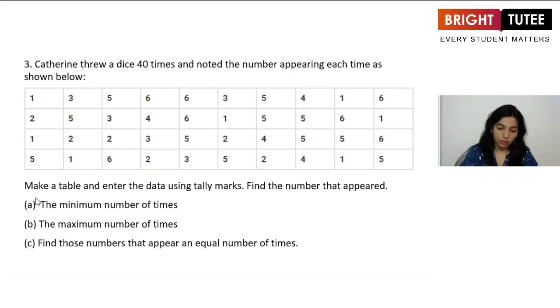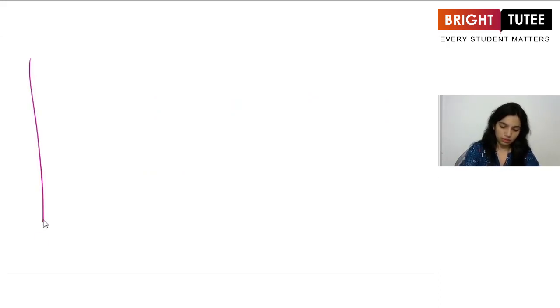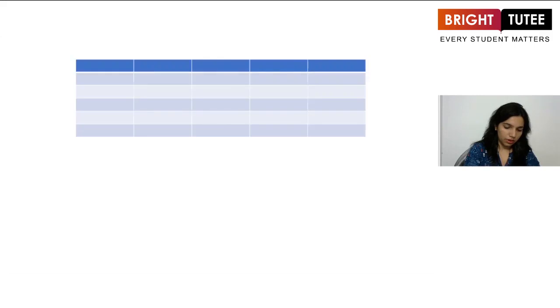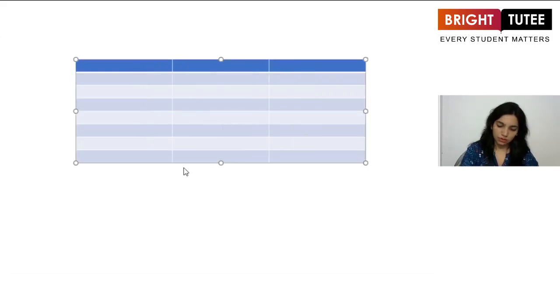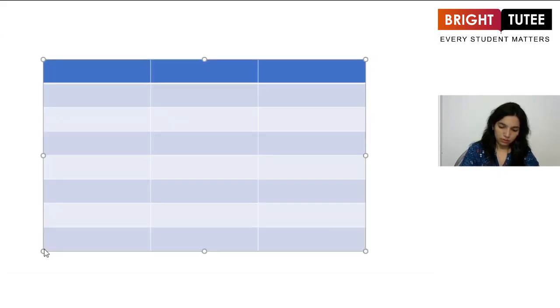So what is required? We need to make a table and enter the data using the tally mark. So let us now make a tally table and find the number that appeared. So first of all, sorry my bad, let me just insert a table here with the 3 marks, and here we need at least this much. Okay, so let's make it a bigger one. Cool.